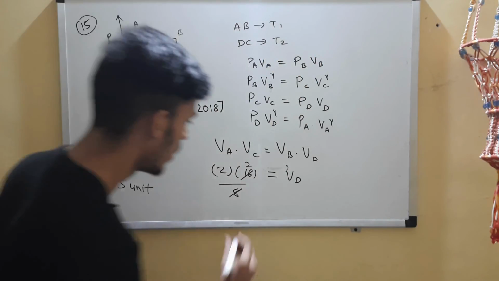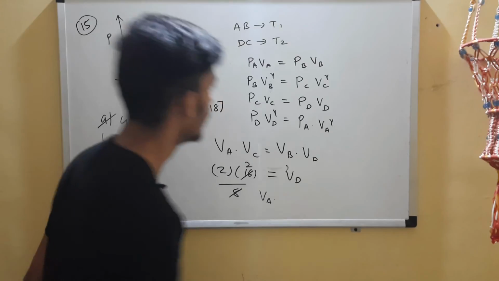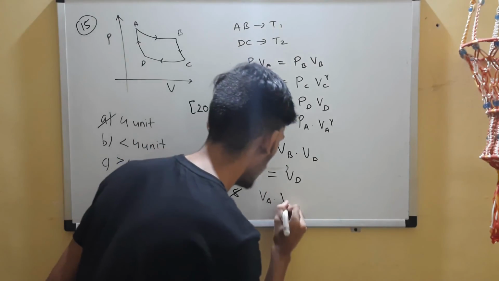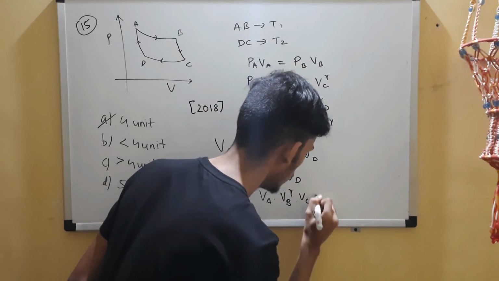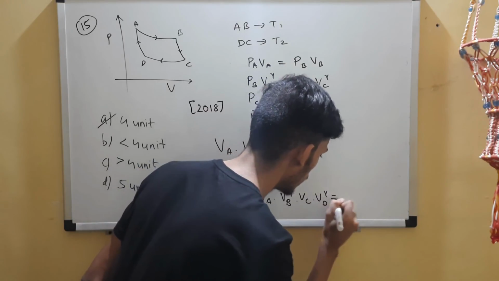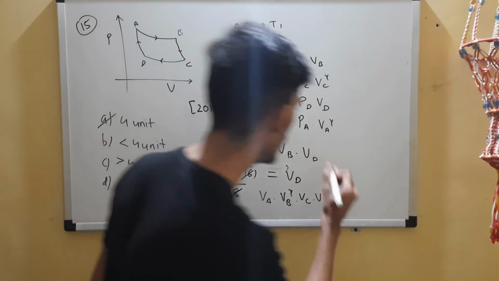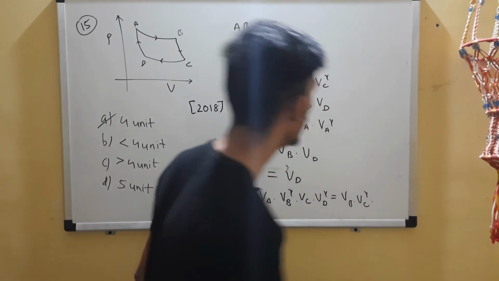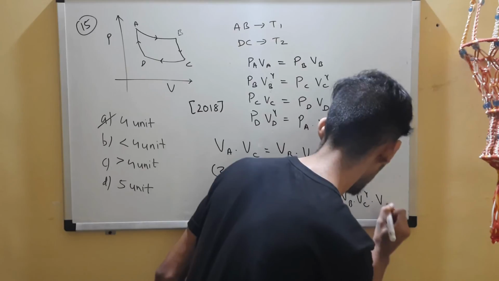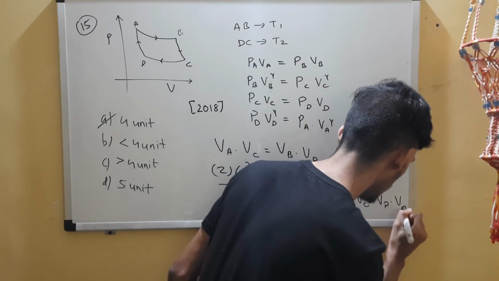You will be left with VA into VB raised to gamma into VC into VD raised to gamma equals VB into VC raised to gamma into VD into VA raised to gamma.